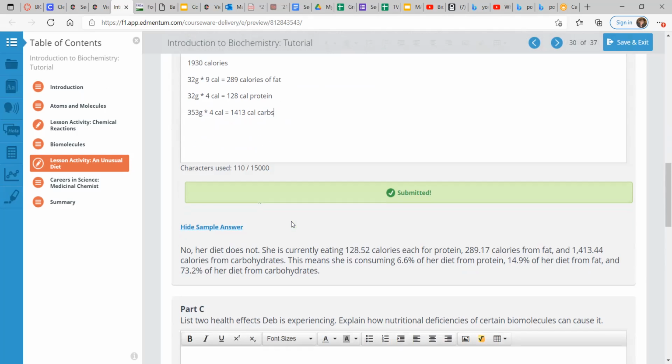Okay. And then if you divide these numbers by the total, 1930, you get 6.6% of her diet coming from protein, 15% of her diet coming from fat, and 73% of her diet from carbs. So this is pretty low protein, pretty low fat, high carb.